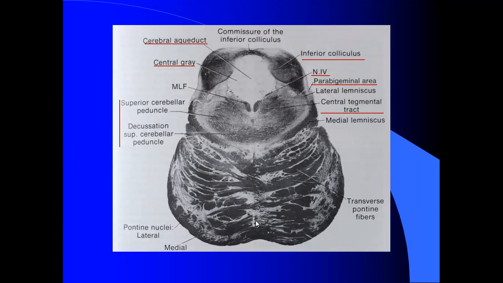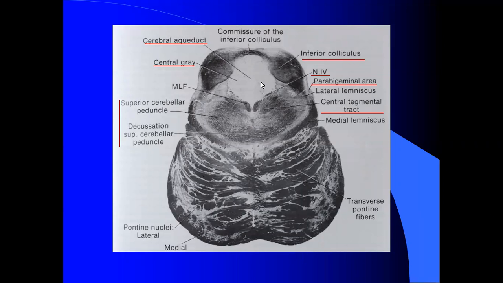Well, here we are at the transition. We're clearly looking at basis pontis, and yet here's the inferior colliculus. So let's just look for a moment. Here is the inferior colliculus in here, and we're going to look at it again. And you can see the nuclear structure surrounded by a lot of fibers. Here's the commissure of the inferior colliculus. There's the cerebral aqueduct.